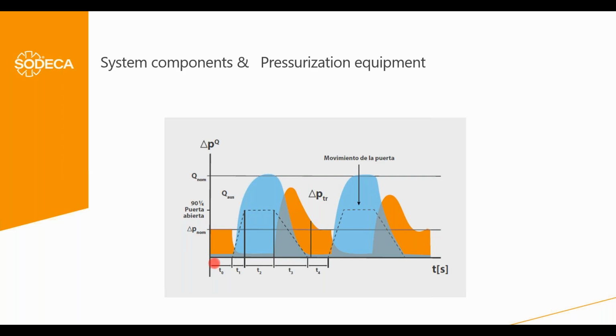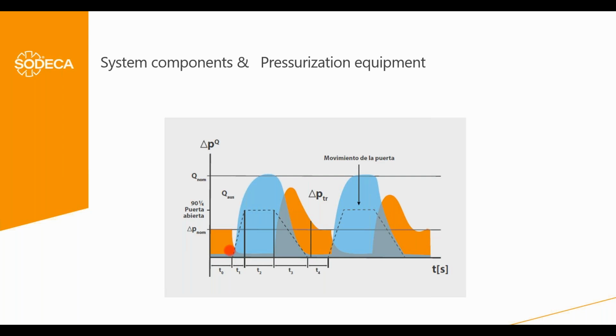And here we have the door closed. The door is open, we close the door, etc. While the door is closed, our goal is to blow a little amount of air to maintain this level of overpressure. But when we open the door, the risk is that the smoke goes into the staircase.